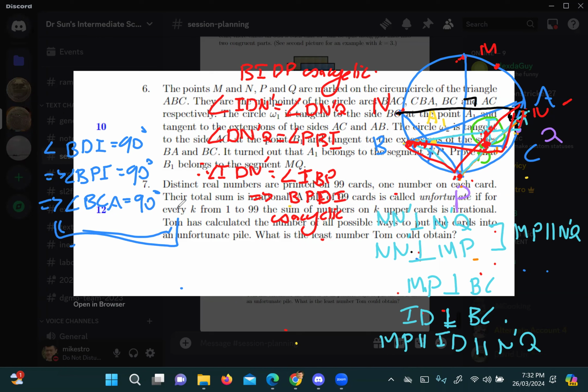And then you get that B1 lies on MQ. But I'll say it now, I feel like that's unnecessary because it's all of this but backwards. Saying the other thing is also equivalent is fine because it's symmetric. Since it's an equivalent condition, the angle C is 90 degrees, the other thing just also works.